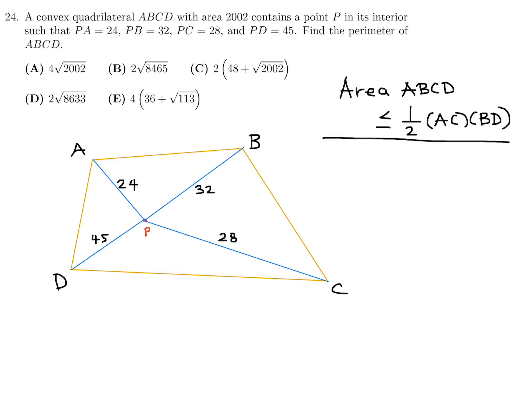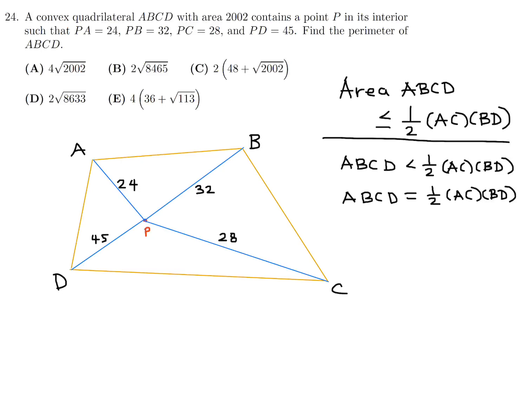So that basically means that the area of ABCD is less than this, almost always, but it can be equal, the other part of the condition, as well, right? Less than or equal to.